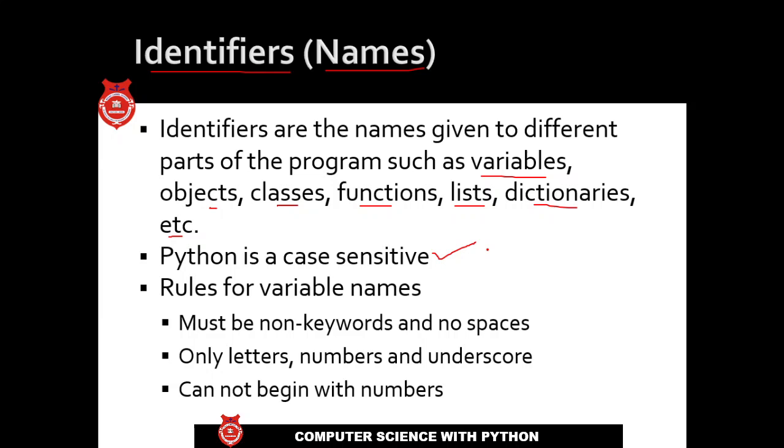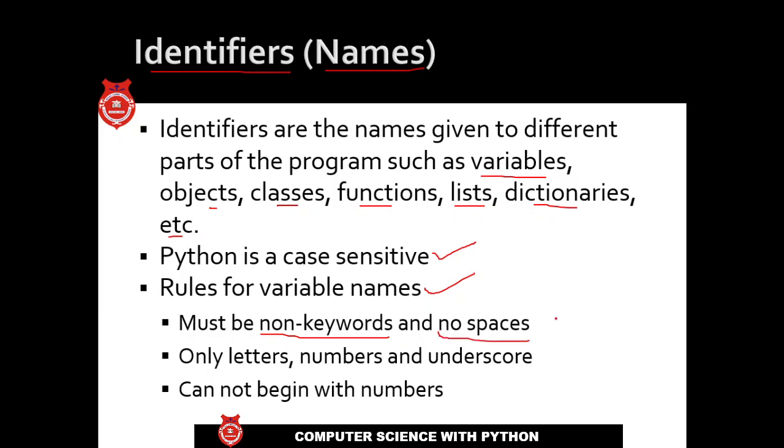And you have to remember that Python is a case-sensitive language. When you say case-sensitive, small letter a and capital letter A are treated differently. So case-sensitive means small letter and capital letter cannot be the same. They are different. Alright? Here are some rules for creating variable names. These rules are very, very important. Please try to memorize it and try to understand it. When creating variable names, the variable names must not be keywords. You cannot use keywords, and you cannot have space bar.